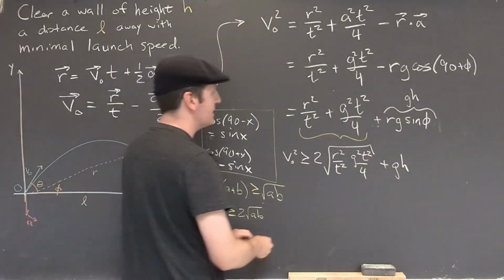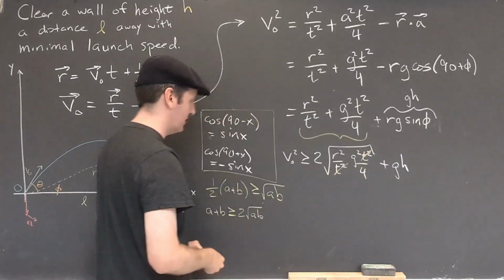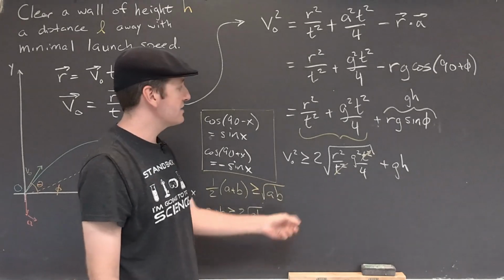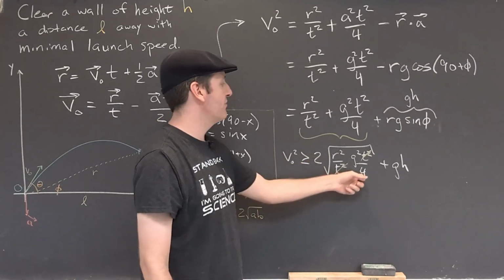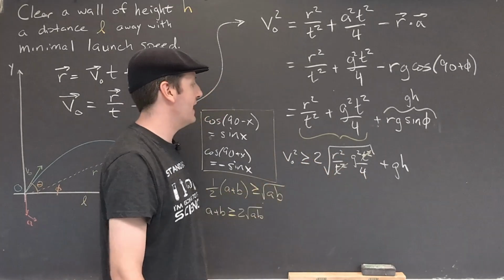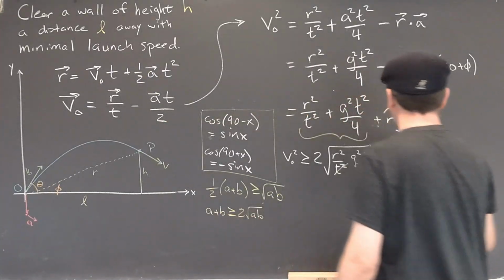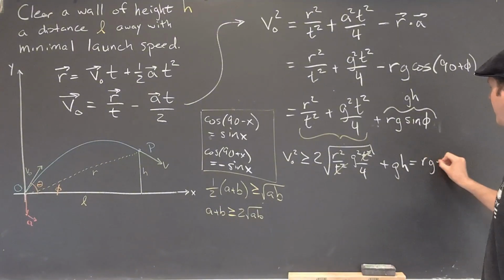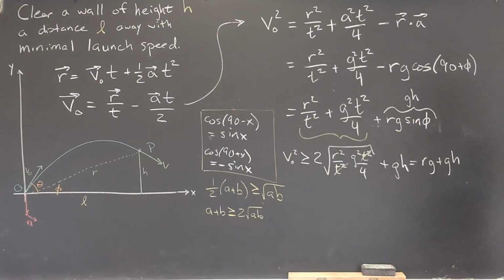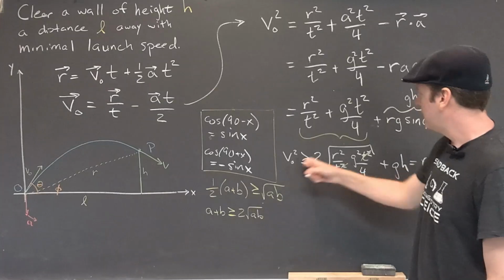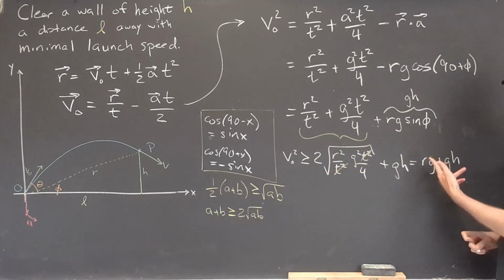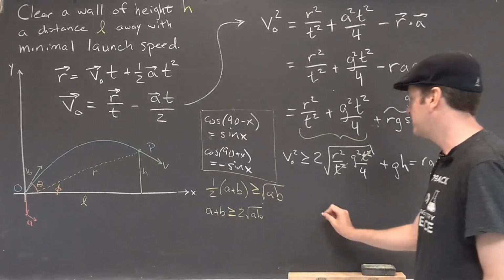And as promised, the t squareds actually cancel out, and everything under the radical is a perfect square, so that's kind of nice. The r comes out, the g comes out, and the 4 comes out as a 2, which cancels this 2, giving me just rg plus gh. Reading from the left to the right, we see that v naught squared is greater than or equal to basically g times r plus h.